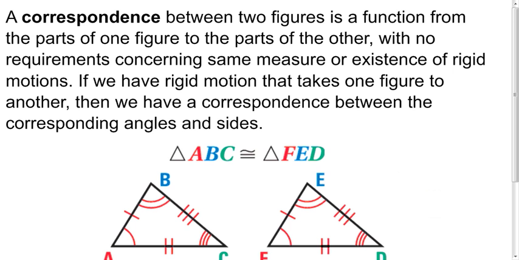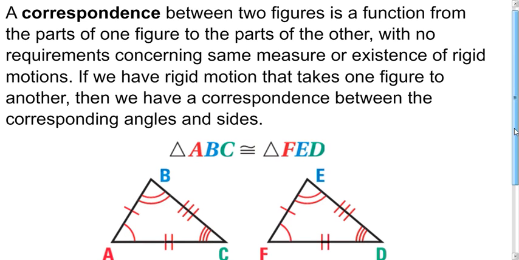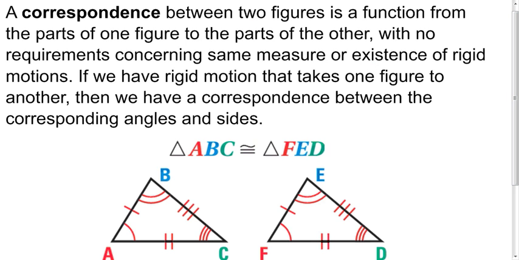Okay, so we have a correspondence. Whenever we have congruence, we also have a correspondence. And when we make the correspondence, we want the corresponding angles to have the same angle measurements, and the corresponding segments to have the same lengths.